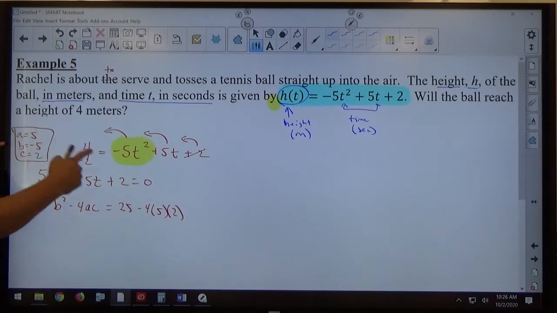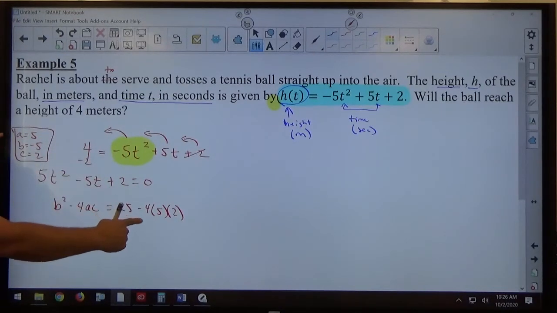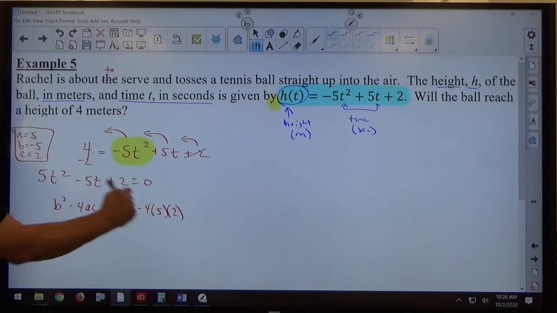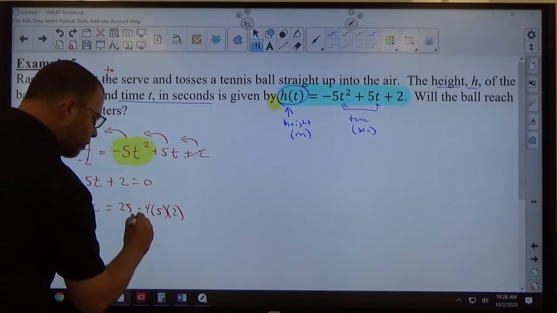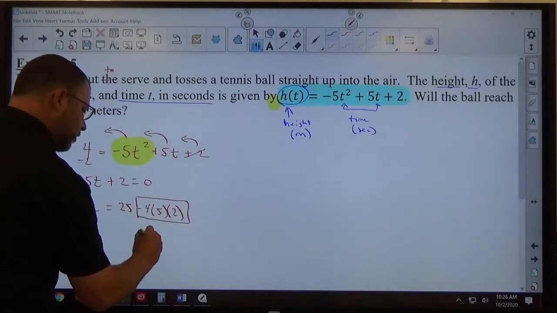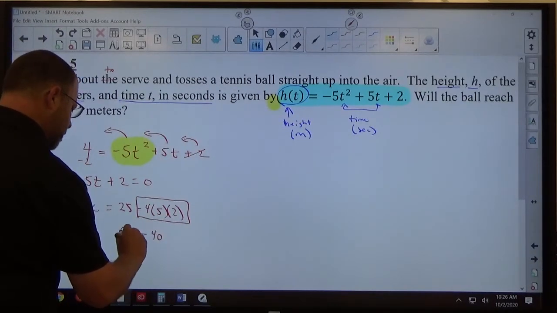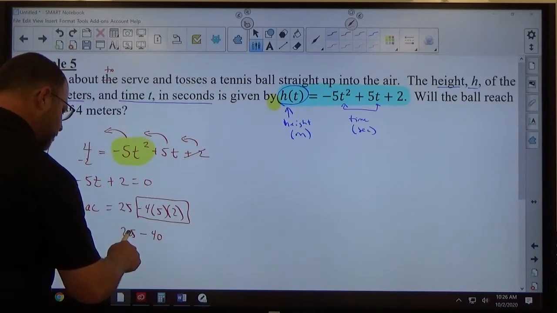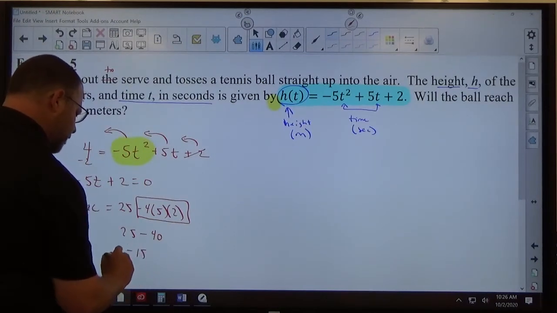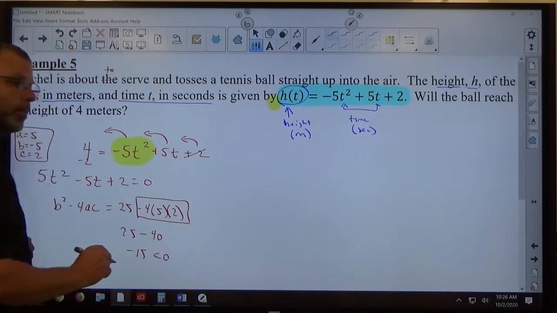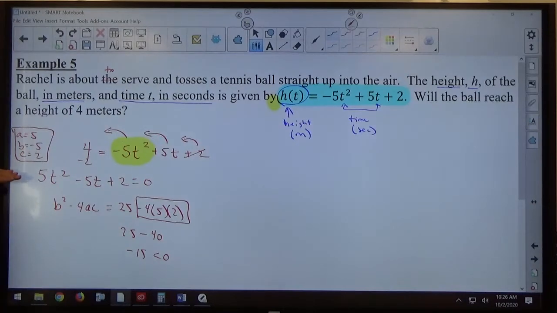Negative 5 times itself is positive 25, and we have 4 times a, which is positive 5, times c, which is positive 2. This product has one minus on it, so it stays minus. 4 times 5 is 20, times 2 is 40. 25 minus 40 is equal to negative 15, which is less than 0, which means this quadratic function has two complex roots.